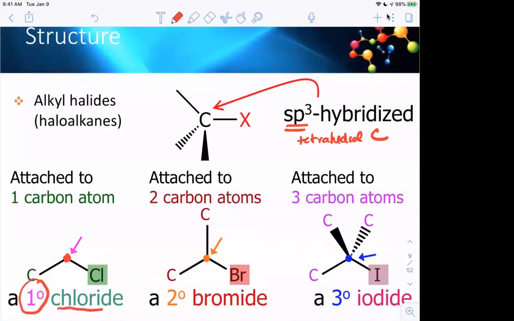This is a primary chloride because it's Cl. If the carbon that bears the halogen has two carbon groups, it's going to be a secondary bromide. And if the carbon that bears the halogen has three carbons, it's going to be a tertiary iodide.